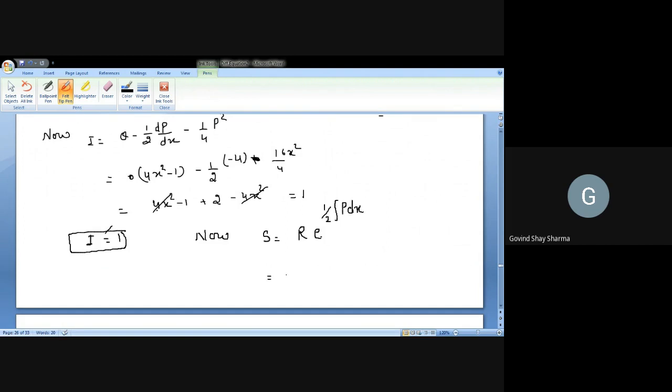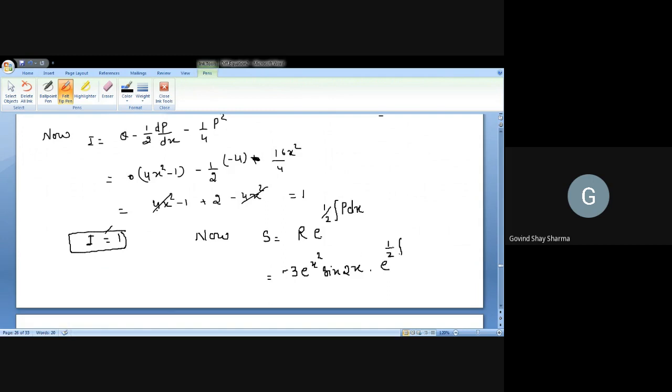R is given to us: minus 3 e to the power x square sin 2x, multiplied by e to the power half p.